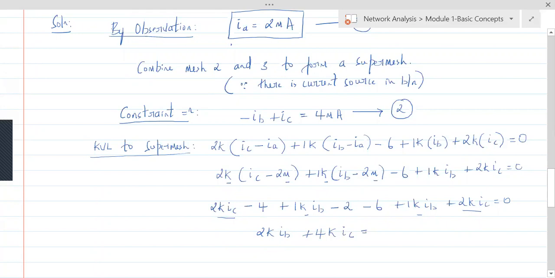And on the right hand side, you will have 4 plus 2, 6, 6 plus 6, it would be 12. Is this equation okay, everybody? Just look at that once. If any problems you find, let me know. Let's not move on with the mistakes.